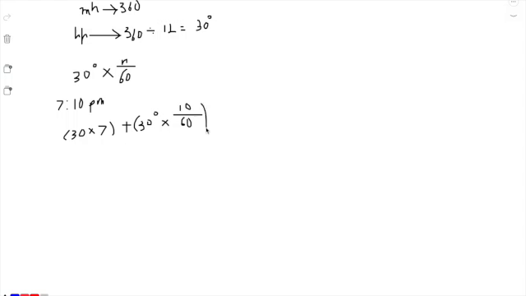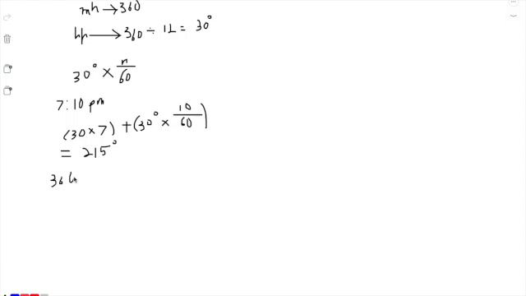After evaluating, this will equate to 215 degrees. Now that's how far the hour hand has traveled, not the angle it creates for the other minute hand, because that hasn't moved anywhere.